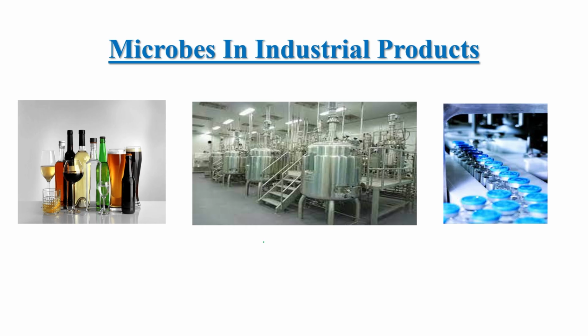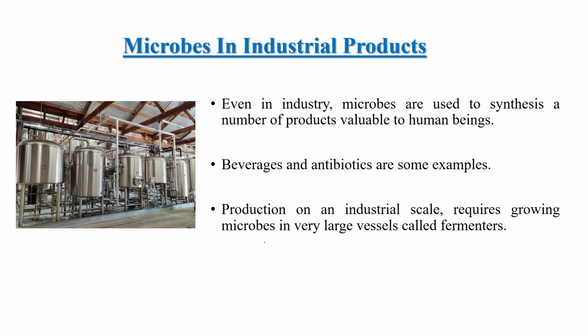Now let's discuss microbes in industrial products. Okay, so in industry, microbes are used to synthesize a number of products that play a very important role in human life. These are very, very valuable for us, like various kinds of beverages and various kinds of antibiotics.